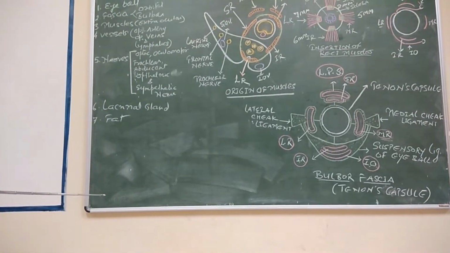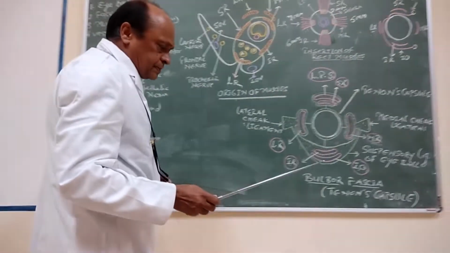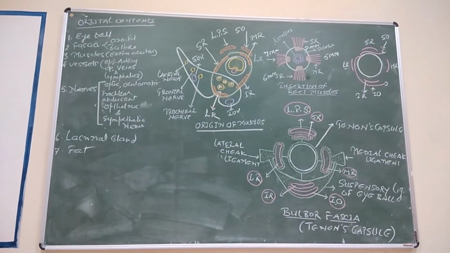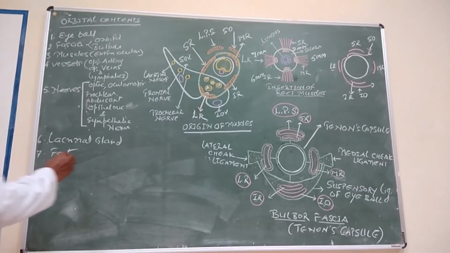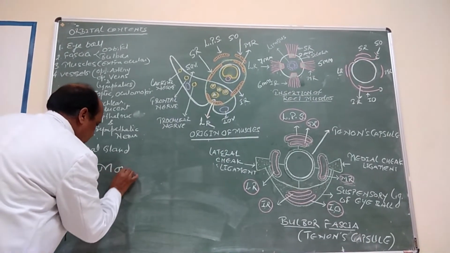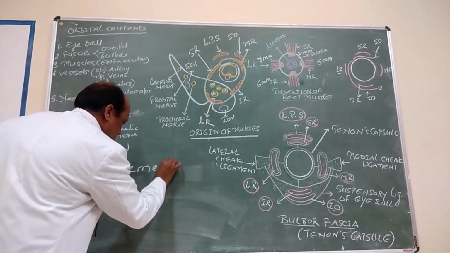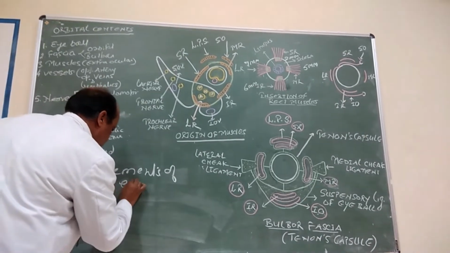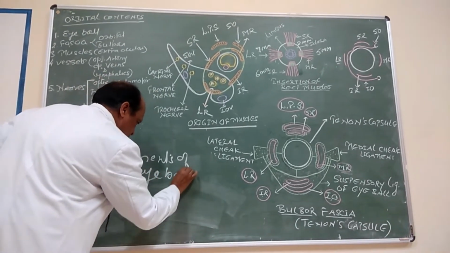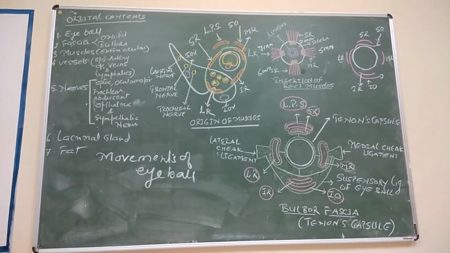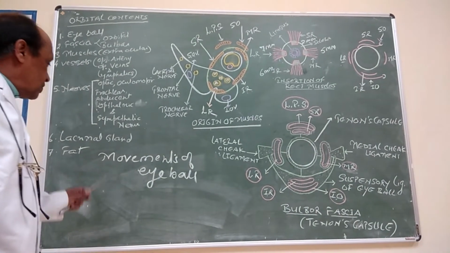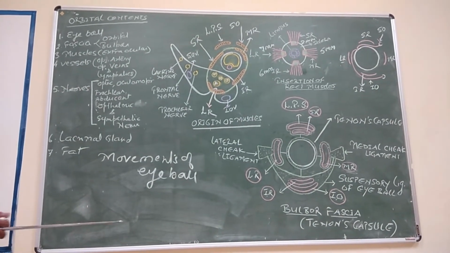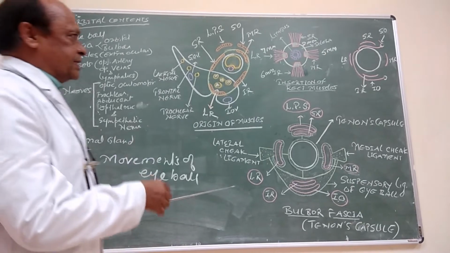Now see the movements of eyeball. Now this movement occurs along the transverse axis.